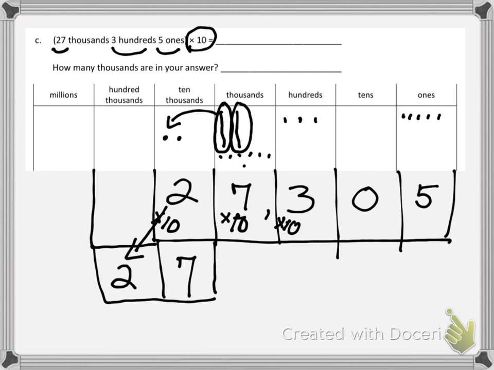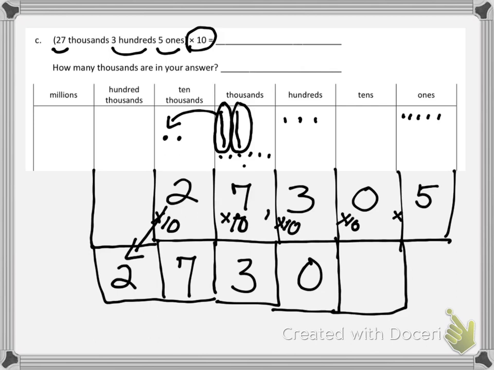Multiply this by 10, and we're going into the thousands. Multiply this by 10, and we're going into the hundreds. Multiply this by 10, and we're going into the tens. And then there's nothing to place here, so we put a 0. So this is 273,050, our new number, and that's in standard form.